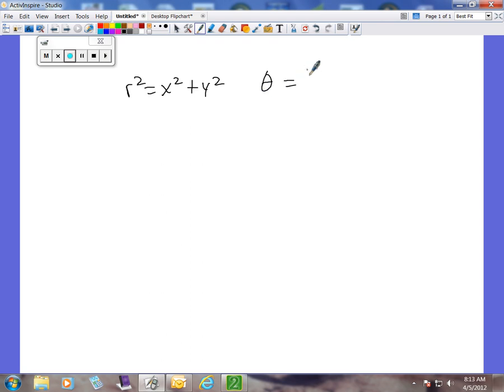And to find a theta, we do tangent inverse of y over x. Now you don't really need that second part because you'll know what to do with it by what quadrant it's in. Most of you should know how to do that.